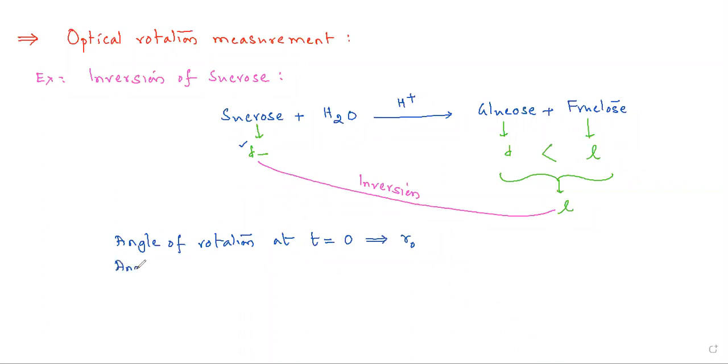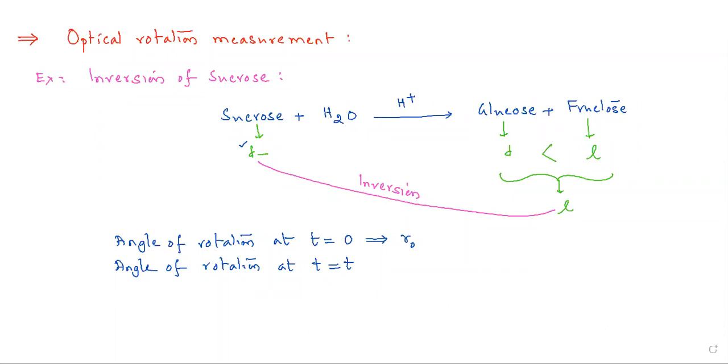Now angle of rotation at a time t actually gives the concentration or the amount of sucrose that has undergone hydrolysis in a time t.